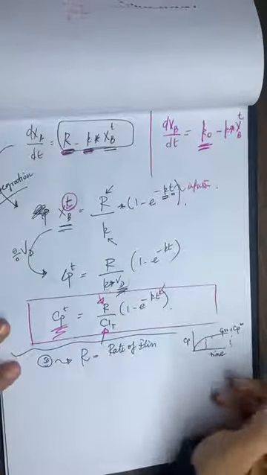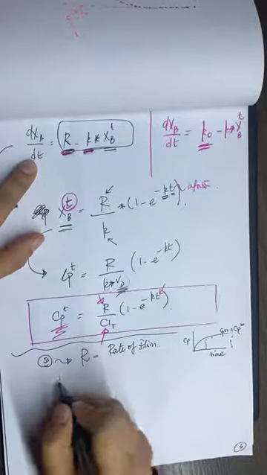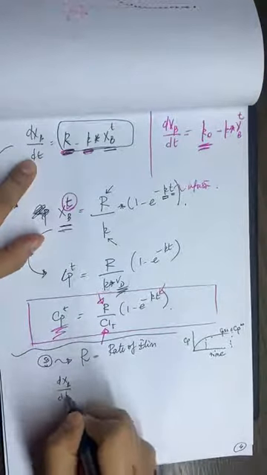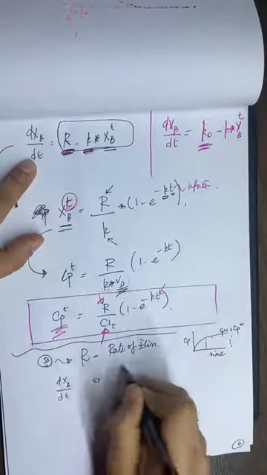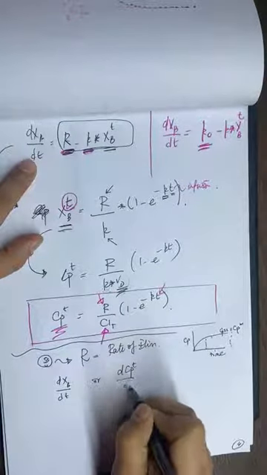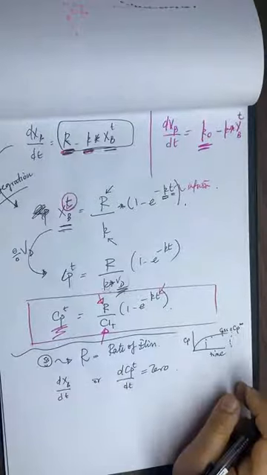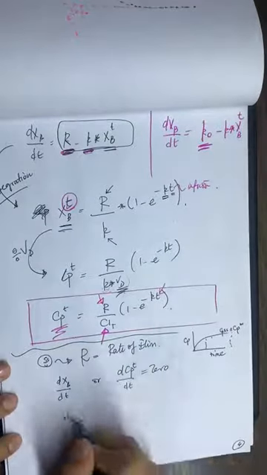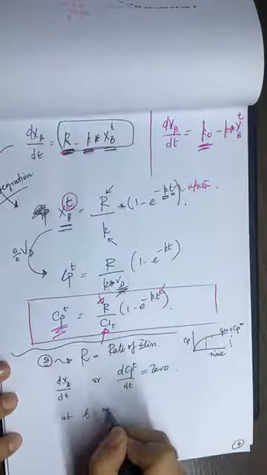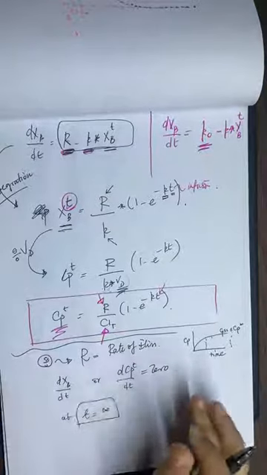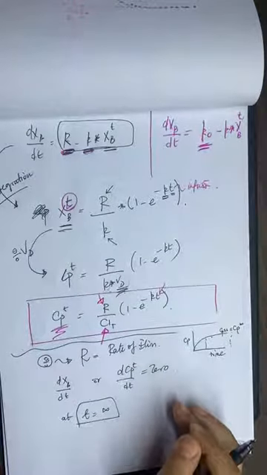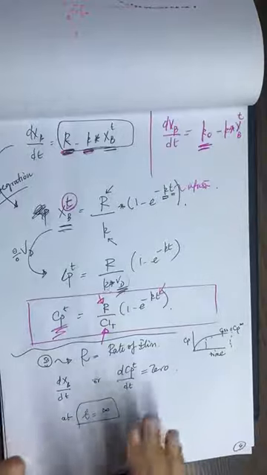Or when the change in the amount over time, or the change in the concentration over time, equals 0. This theoretically happens at time equal infinity. As with all the kinetics that we know, we can't reach it experimentally.